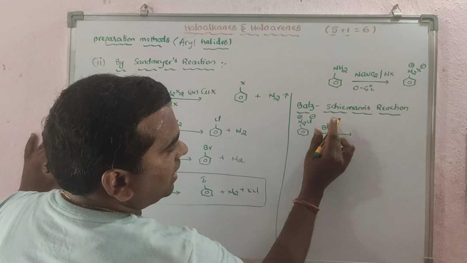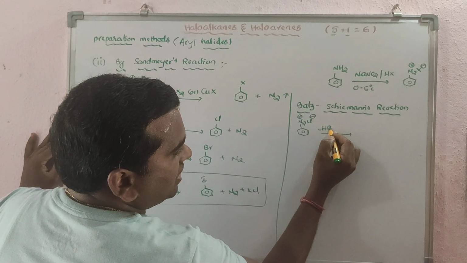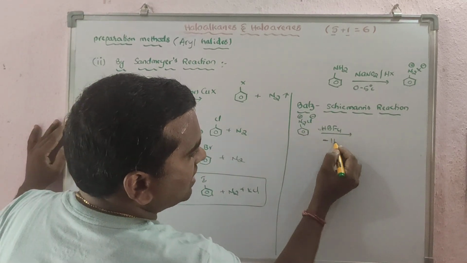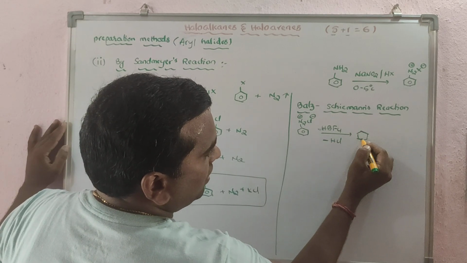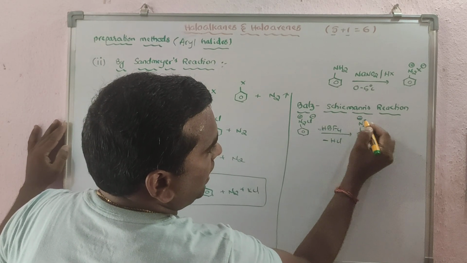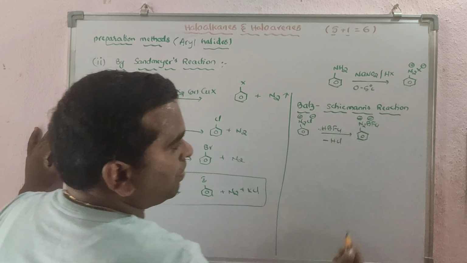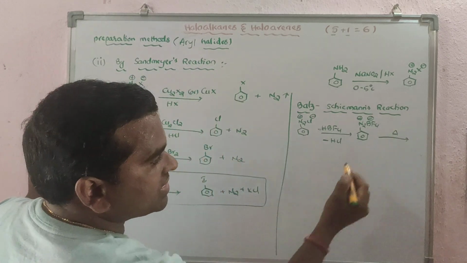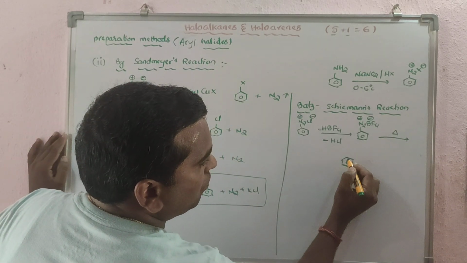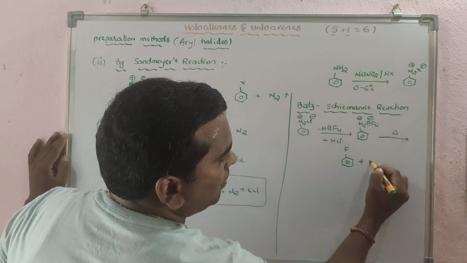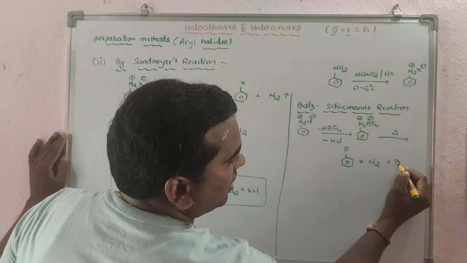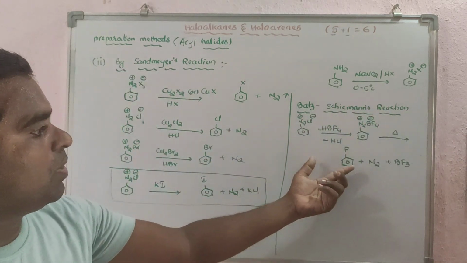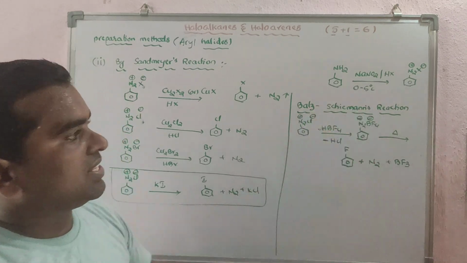It is treated with fluoroboric acid, HBF4. Then what happens? H and Cl will be removed as HCl. Then you will get N2 plus BF4 minus, benzene diazonium fluoroborate. Now heat this one. If you heat this, then fluorine will be added here, N2 will be removed, and another product is boron trifluoride. This is the Balz-Schiemann reaction. How to prepare fluorobenzene means by using this reaction.